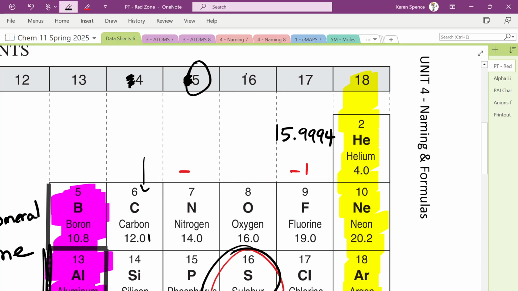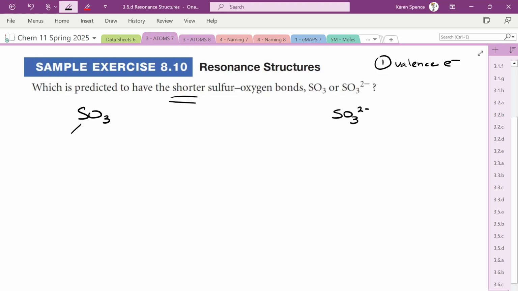There are 6, because we just get rid of that one and we say, oh, there's 6 valence electrons. Excellent. Hopefully you should be getting bored of me saying this stuff by now. Oxygen is in the same group. 3 times 6. That gives us 24.